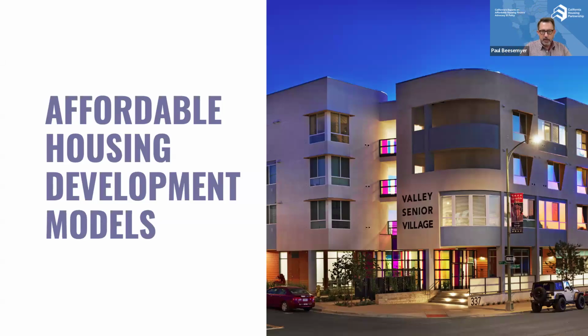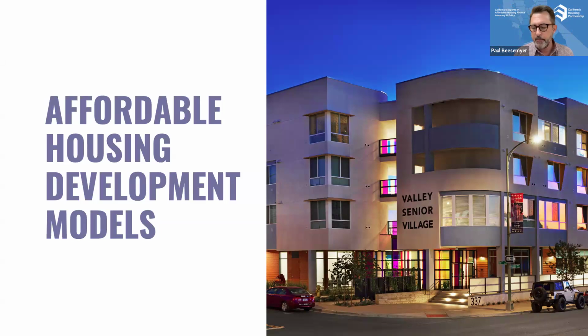So we thought a good place to start would be to talk about what is the general model for affordable housing development. How do we approach it? What does it look like? I think it's axiomatic that people who've never touched or seen affordable housing before have an image in mind, and they have a presumption of who and how.